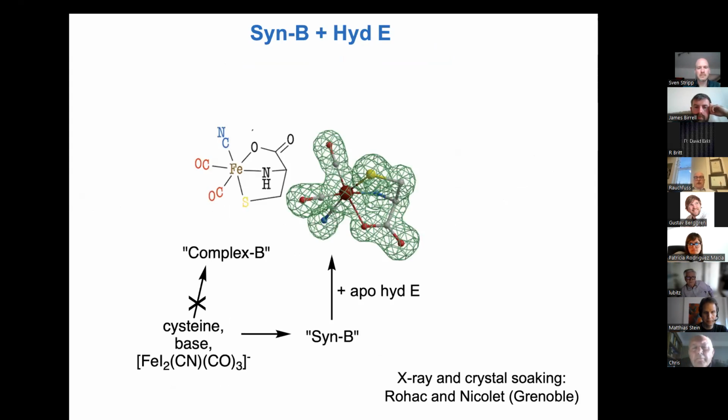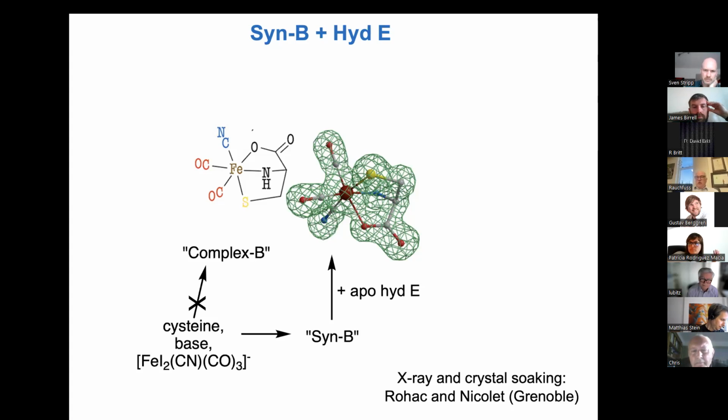And then here is the real tour de force coming from Grenoble. This is Yvain and his group. They have the X-ray structure of high D reconstituted or constituted with SYN-B. And so we can't reconstitute with complex B, but we can do it with SYN-B.